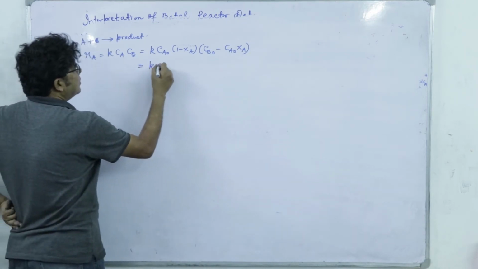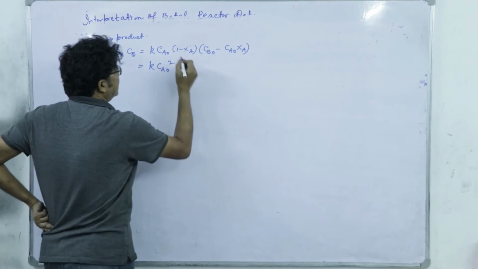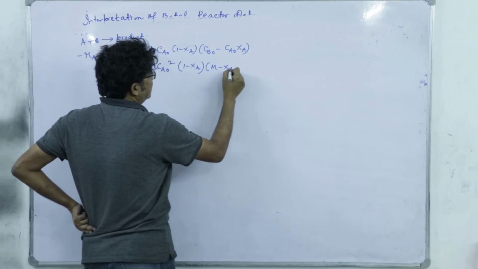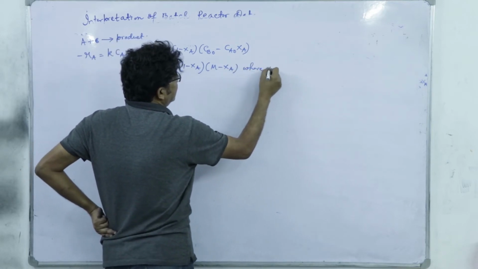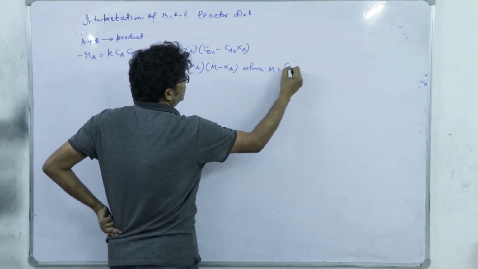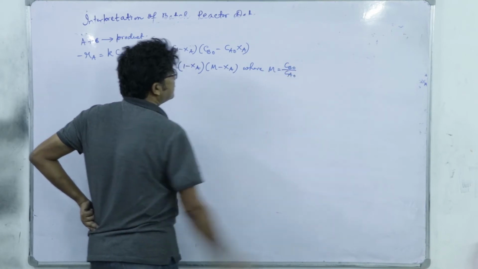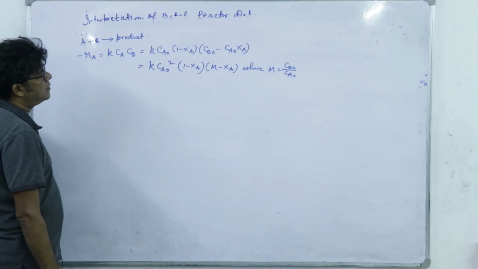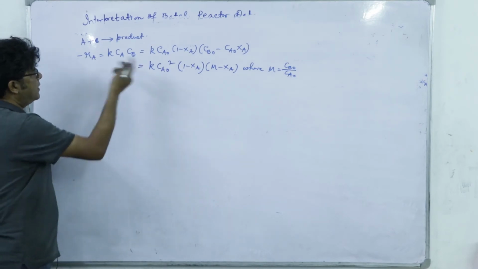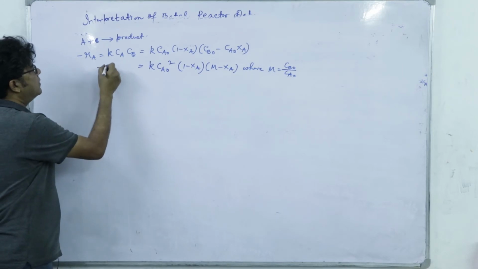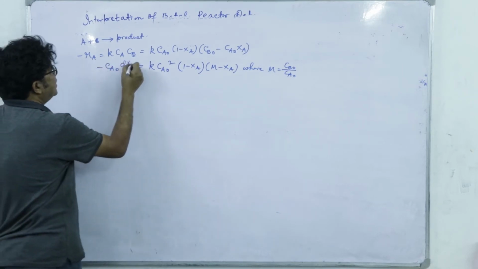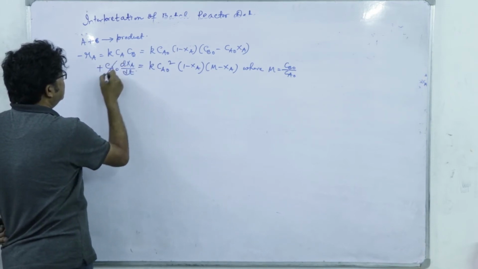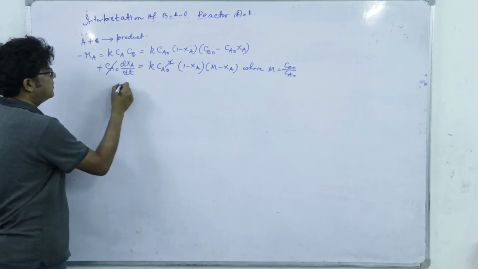So, taking this Ca naught common, here 1 minus Xa and here we will have M minus Xa, where M is equal to Cb naught by Ca naught. So next we have to integrate it. So, this is minus of Ca naught dXa dt plus this Ca naught, and this square cancels out.